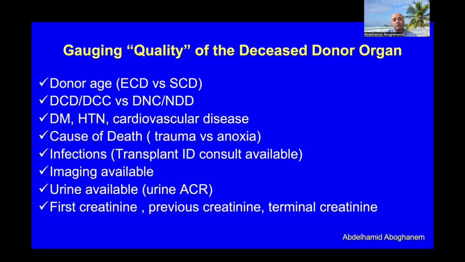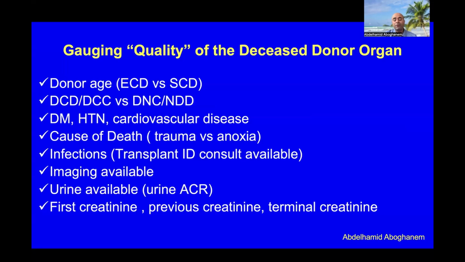Cause of death, such as trauma versus anoxia, is different already for the viability of the kidney tissue. Infection: some infections need transplant ID, like hepatitis C or HIV. We are not accepting HIV except for an HIV positive recipient. Imaging available, just look at CT and chest X-ray or whatever to be sure there is no malignancy, no infection, no active ongoing issue for this donor.